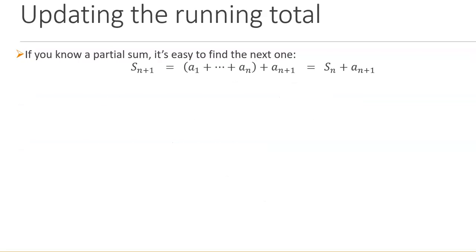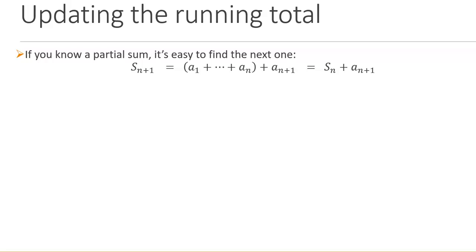Now, here is one cool thing. When the bank computes your balance after a new transaction, it's not going to add all your previous transactions. That would be a waste of time. It takes your previous total and just updates it.